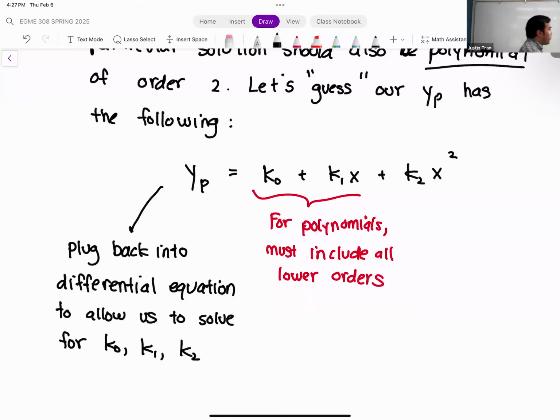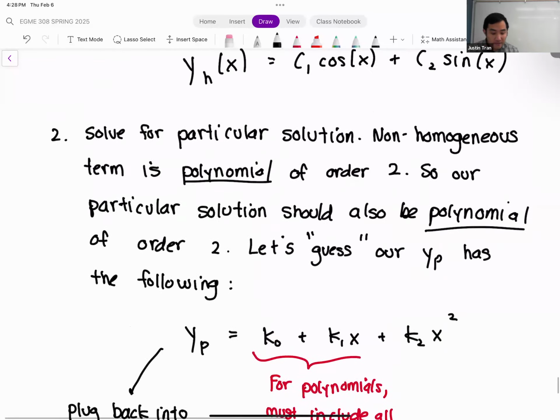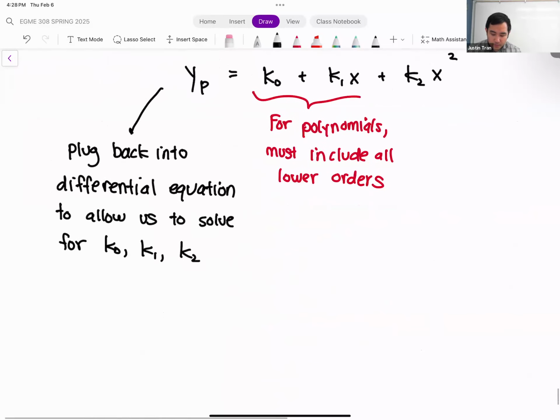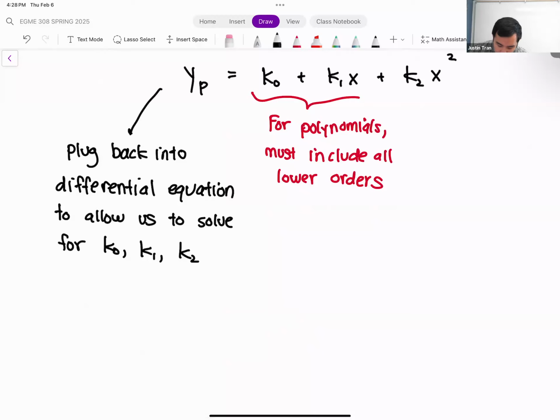Once we solve for values for k0, k1, k2, our particular solution will be solved. Now, in order to plug this into our differential equation, we have to take derivatives of this. So before we plug in, let's determine dyp dx.